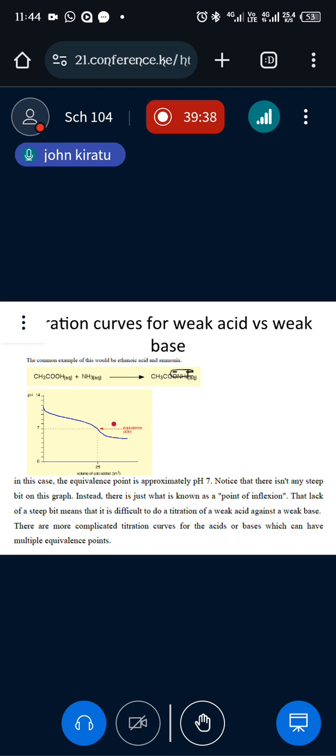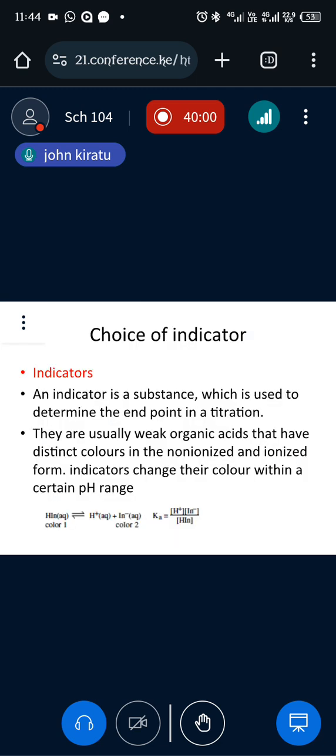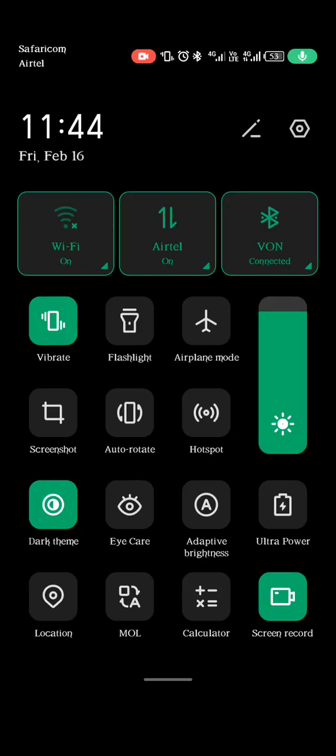So I hope you are taking note of that. Strong acid, strong base, equivalence point 7. Weak base, strong acid, below 7. Weak acid, strong base, above 7. Okay? And then weak acid, weak base, it's at 7. So let's see what we can do with that information.